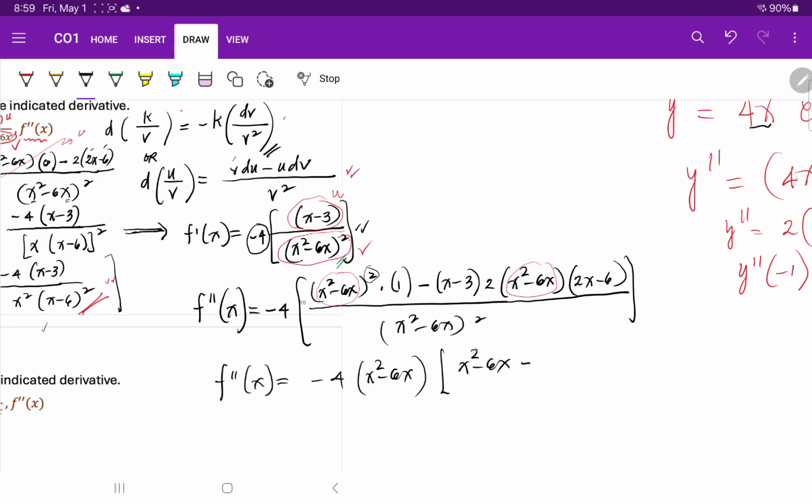Then minus what? This is already out. So, you have 2 times x minus 3. And here you could factor out 2. So, we'll have x minus 3 also. Right?